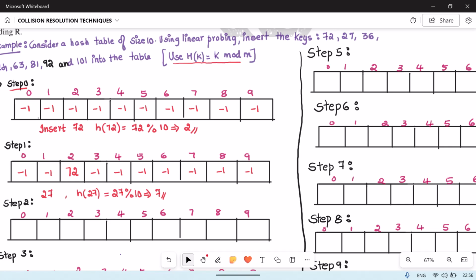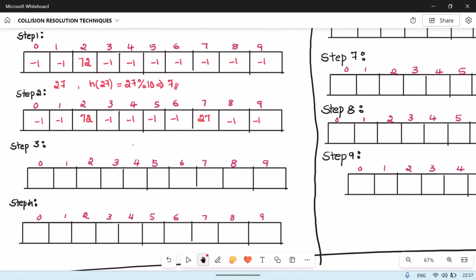Now at the 7th position, I have to insert the value 27. So 27 is inserted here, and 72 was already present in 2. Other elements are minus 1. So till now we have not encountered any collision.